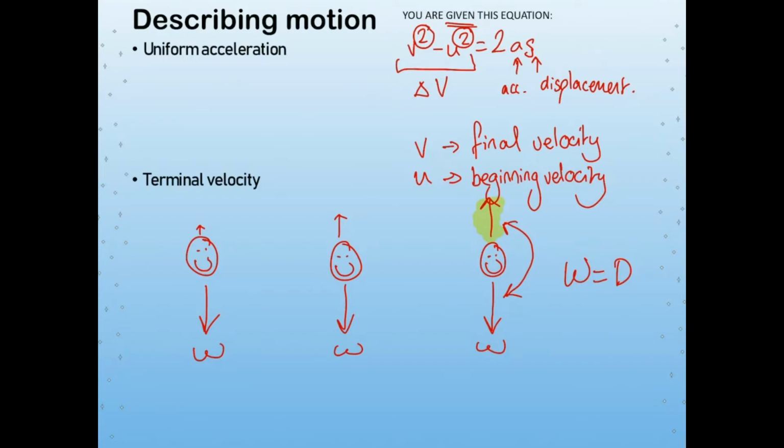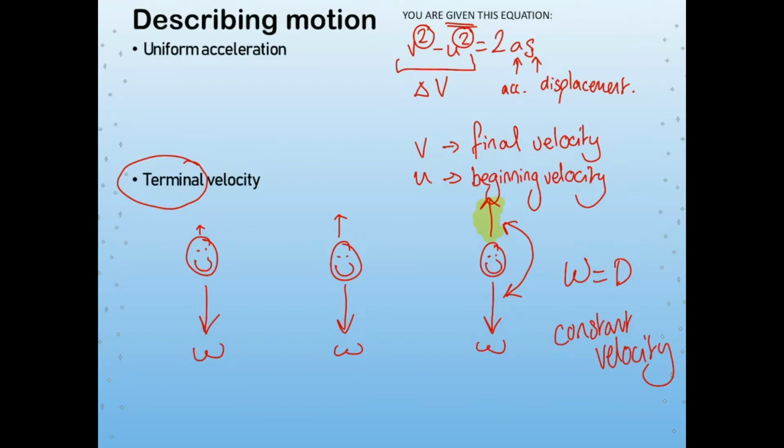It's just going to stay at a constant velocity. And that constant velocity is what we call the terminal velocity. Terminal meaning the end point. He won't get any faster than that. He could get faster if somehow he gained mass or reduced his air resistance, which can be done. But that's what we call terminal velocity.